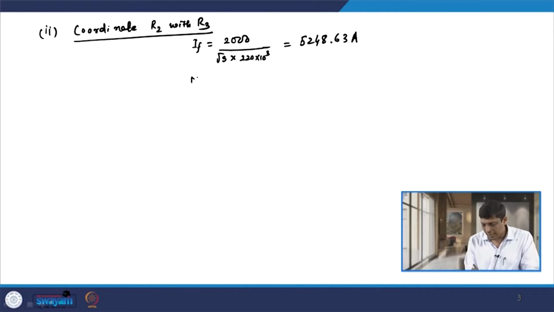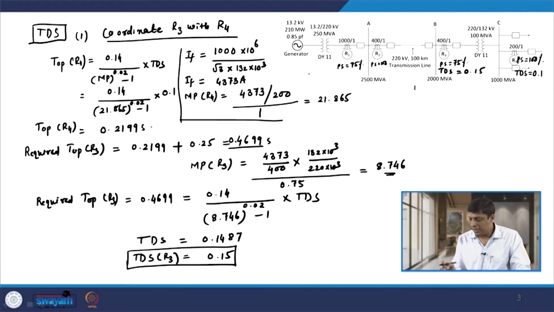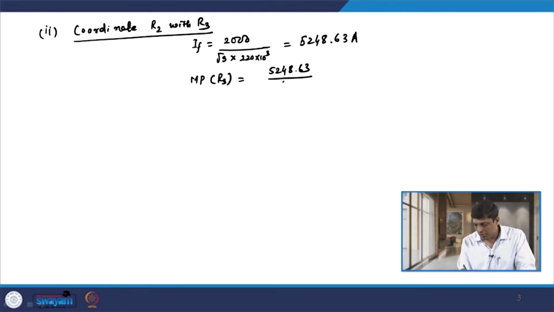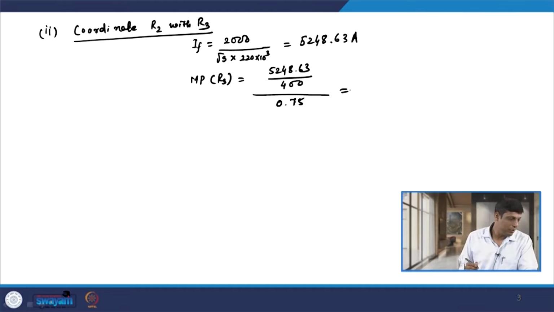With this current, let us calculate the multiple of pickup current of relay R3. That is 5248.63 divided by the CT ratio of relay R3, that is 400, and the whole divided by the plug setting of relay R3, that is 0.75. If we do it, we have the value 17.49. This is the multiple of pickup current of relay R3.